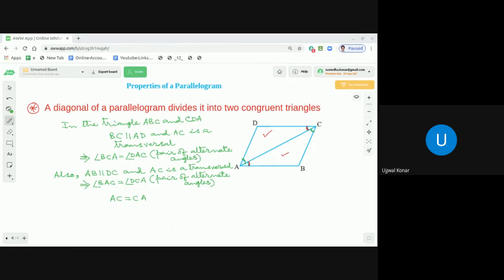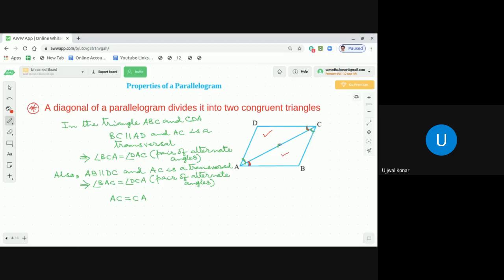So then we can apply the ASA rule, angle side angle. There are two angles, this one and this one, and the side included between them. In red, as I showed you earlier, this angle and this angle, and they are corresponding sides.